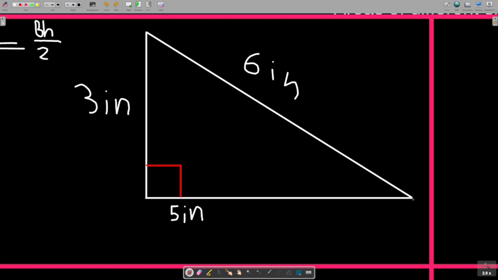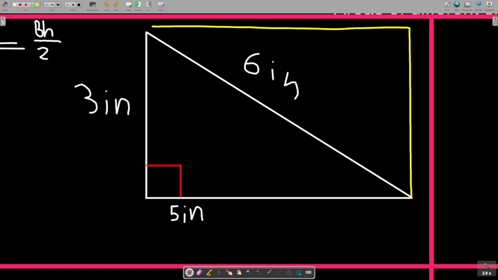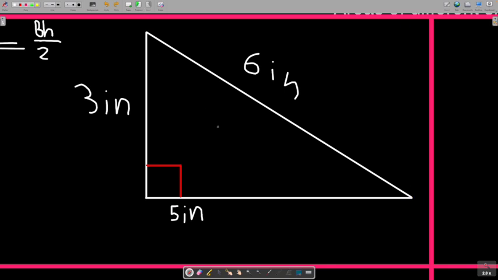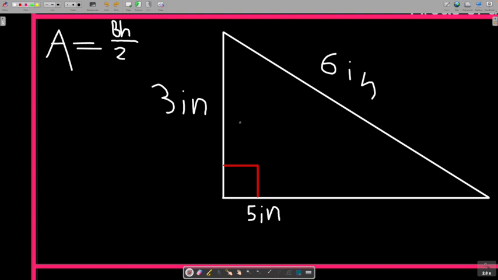So a rectangle would be like this. So this is exactly half of the rectangle. The area of a rectangle is length times width. So we just divide that by 2, half it, because the triangle is half of a rectangle, and then we get our value.